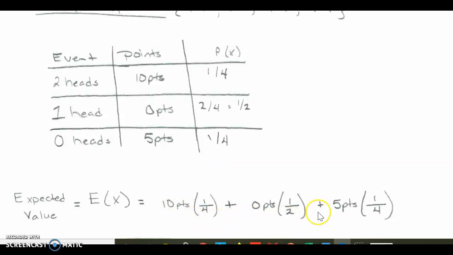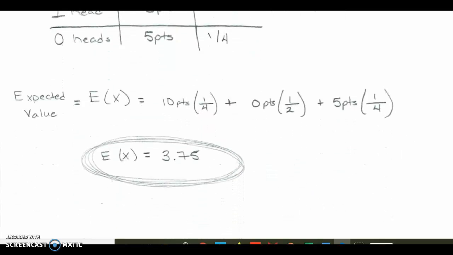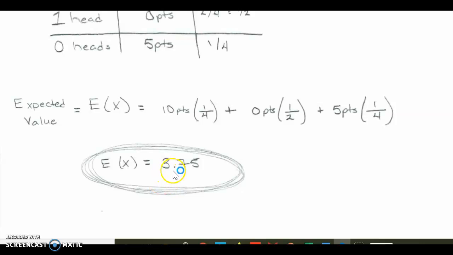Now I'm adding all of these together because these are your possible values. Unlike the first example, where if you lost, you owed money back, which was a subtraction, here we're adding them all up. When I bring it all together, I get 3.75 points. So my expected value is 3.75 points.